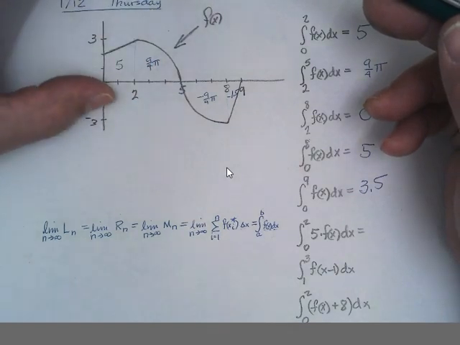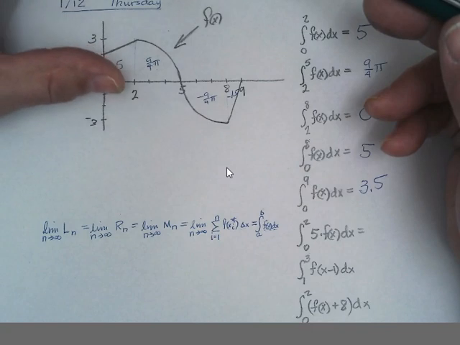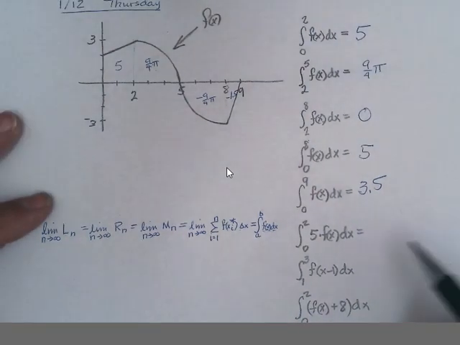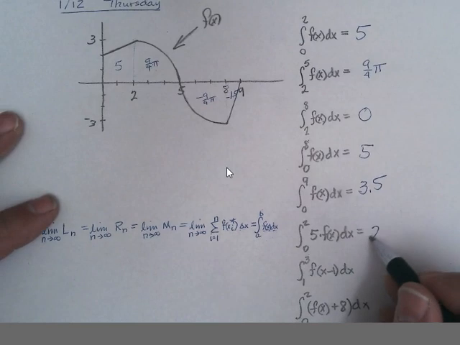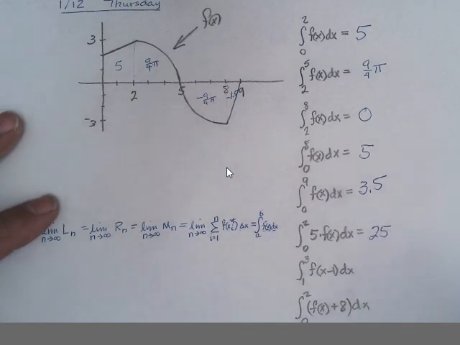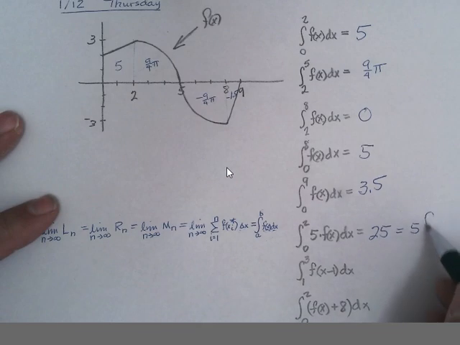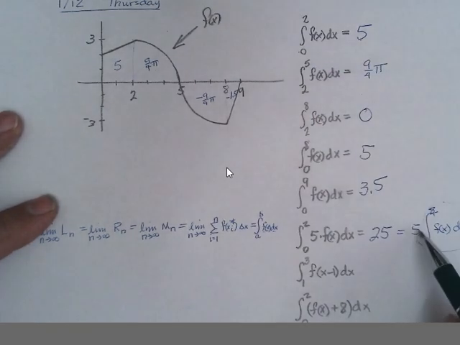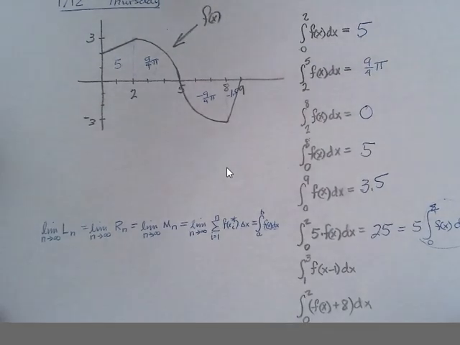The average of 10 and 15 is 12.5, times 2 is 25, which is what you would get if you just did 5 times the area under the curve normally, because the area from 0 to 2 was 5, and 5 times 5 is 25.